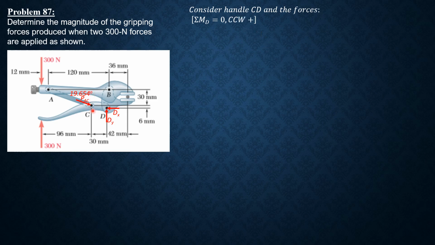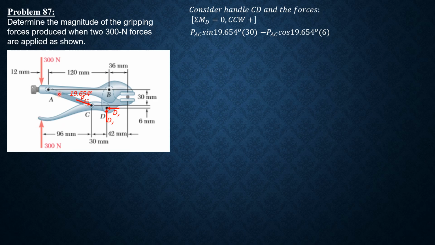So the vertical component is counterclockwise, and that is PAC sine of 19.654. Moment arm is 30. So PAC sine of 19.654 degrees times 30 mm. Then the horizontal component is clockwise, so minus PAC cosine of 19.654 times 6 mm.